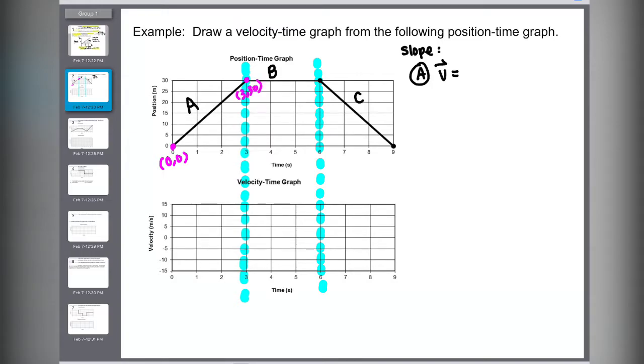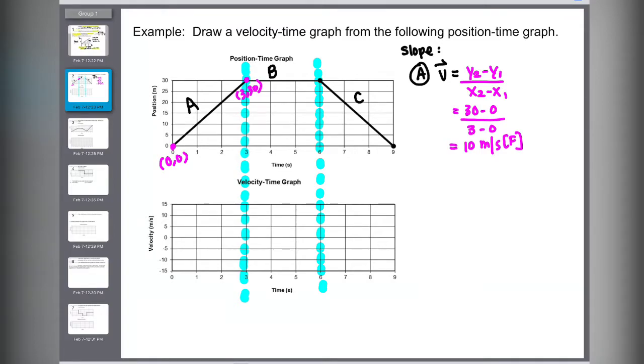So this is 0 and 0, and this is 3 and 30. So 3 seconds and 30 meters. To find the slope, y2 minus y1 over x2 minus x1. When you're doing A, B, C, I only need you to write the equation out one time. So y2 is 30 minus y1 is 0, x2 is 3 minus x1 is 0. So 30 divided by 3, I got 10 meters per second.